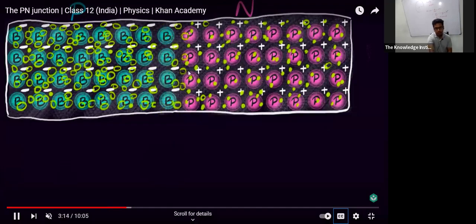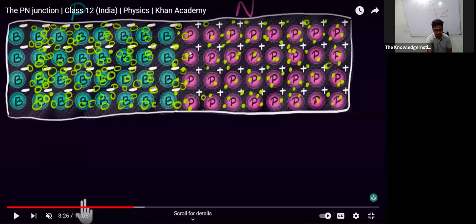Holes diffuse to this side and electrons will diffuse to the other side. And then you can see electrons and holes will combine, recombine. This is known as recombination, right? Once they recombine, that region becomes depleted.